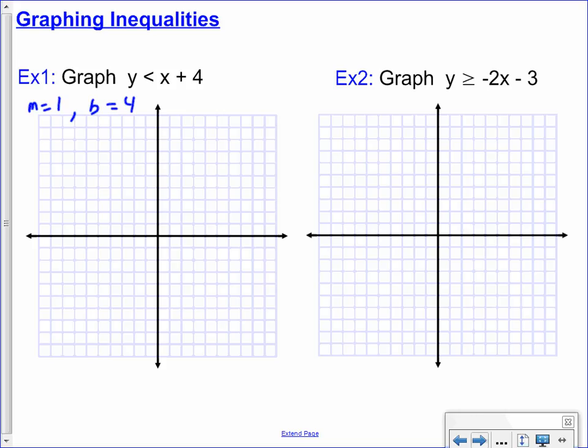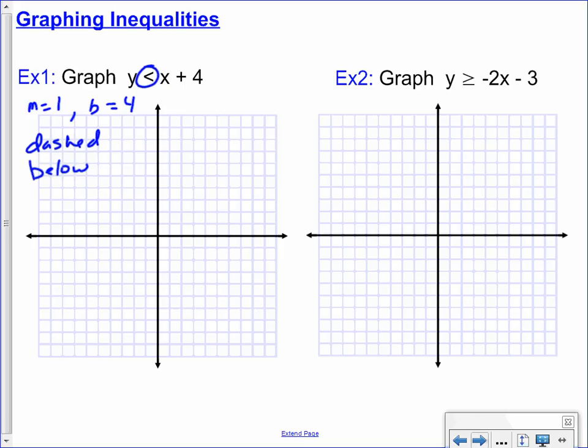Since it's less than, solid or dashed? Dashed, because it's not equal to. And then shade above or below? Below. So it's 4 things you know: slope, y-intercept, dash, and where it is shaded.